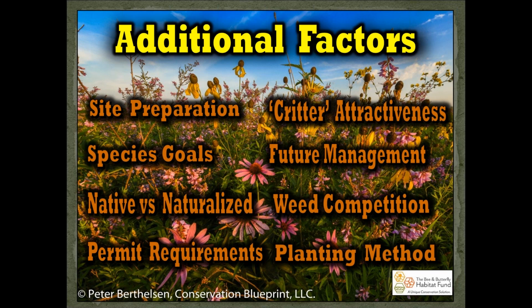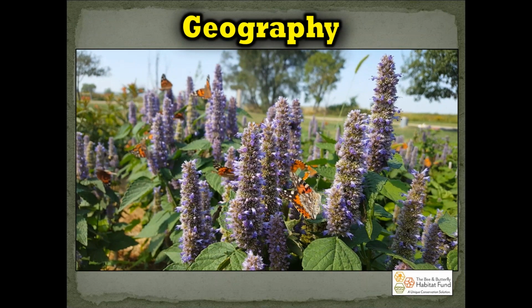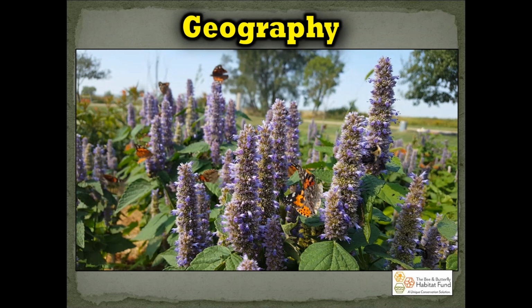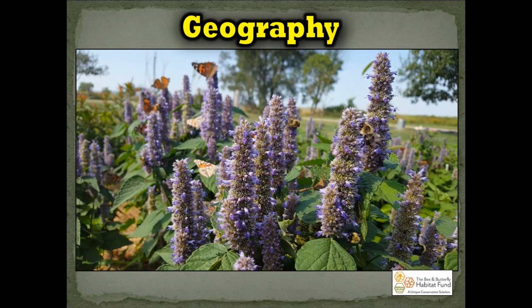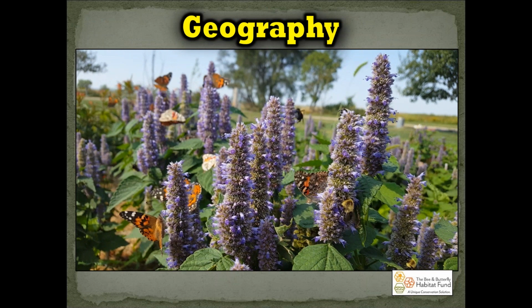Geography. Anybody know what this plant is? Anybody? I didn't catch that, but it's anise hyssop. Okay? You name the pollinator species. This is like when you're in college on Friday night going to the bar that you liked. Everybody loves this. It's the pollinator bomb.